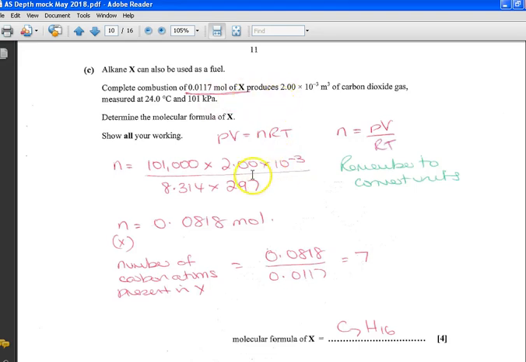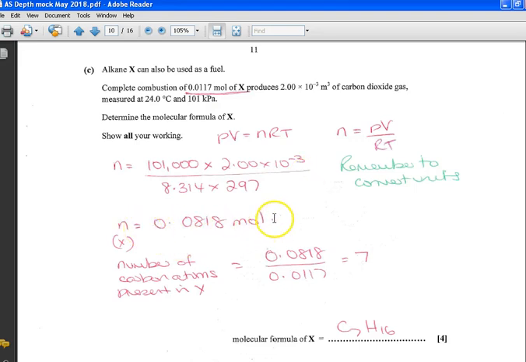Check the units you're given in the question and make sure you've converted them properly. So we're told 101 kilopascals has to be in pascals. 2 × 10⁻³ cubic meters is fine. The gas constant you're given, I believe, on the data sheet. And then 24 degrees C, we need to convert to K. And then you just do the calculation.